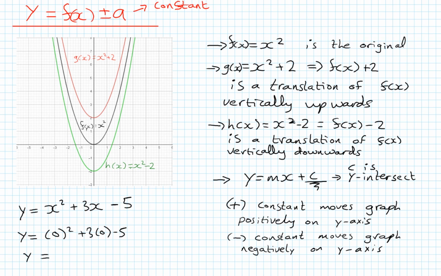So if we sell no goods, we end up with a profit of minus 5, which makes sense because there are some inputs, like buying raw materials or whatever. If you sell no goods, you're more than likely going to make a loss. You probably won't get 0. So if x is equal to 0, generally we won't have y equal to 0. Generally there is some kind of constant.